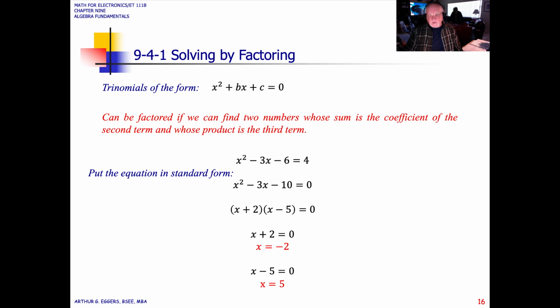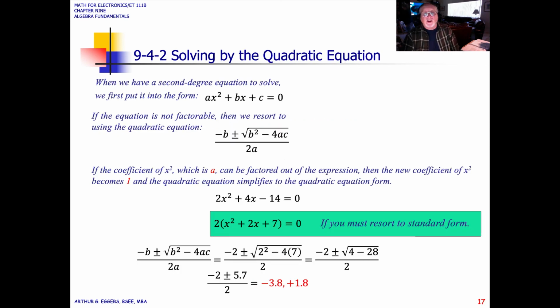All right, so now we've seen how we can solve with and without the quadratic equation, and the form it has to be in order to solve. So if we have an example here, 2x squared, where a is 2, 4x, where b is 4, minus 14, that's our value for c. In this case, they're saying, why don't we go ahead and factor it and use the standard form.